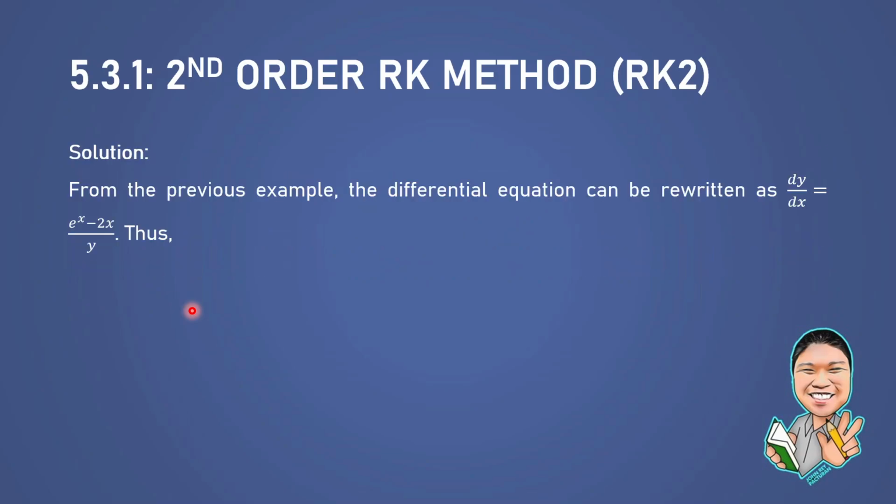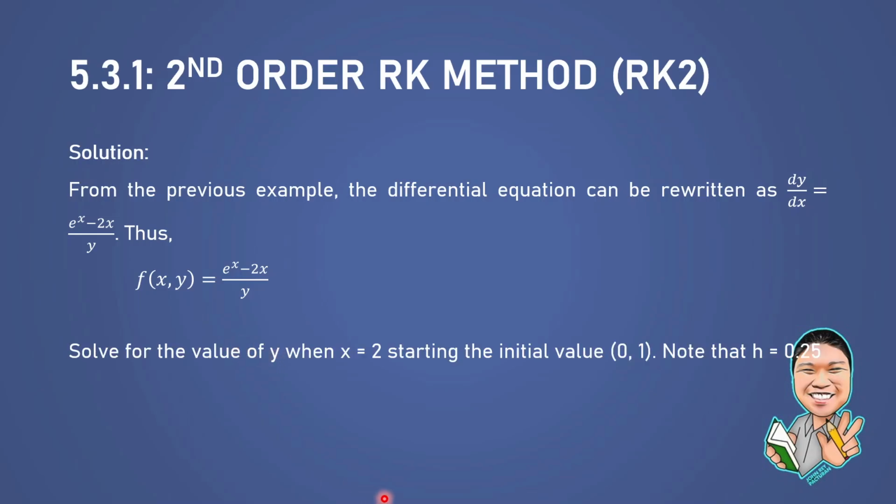Ang solution natin, again, yung given na differential equation can be rewritten as dy over dx is equal to e raised to x minus 2x all over y. So, yun yung pwedeng mangyari sa ating differential equation. So, therefore, yung function natin will be f of x, y equals e raised to x minus 2x all over y.